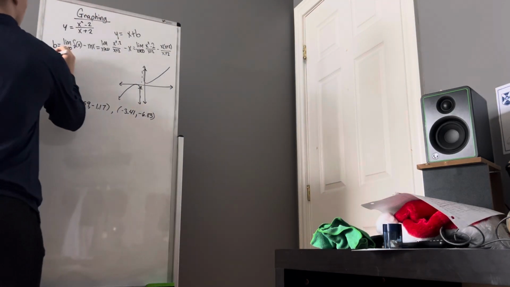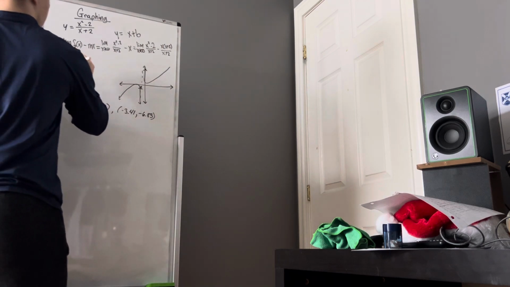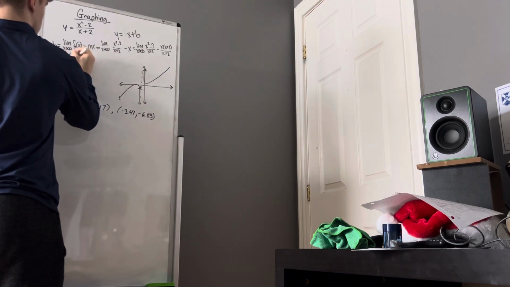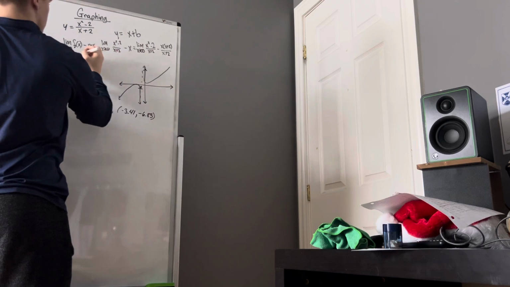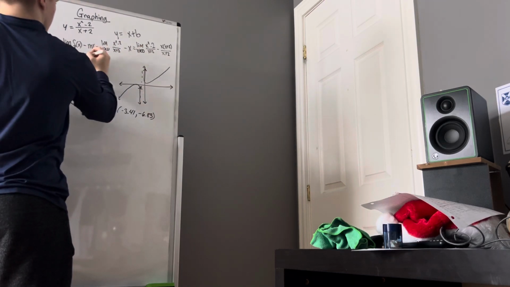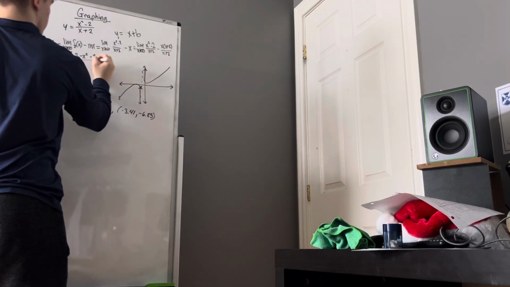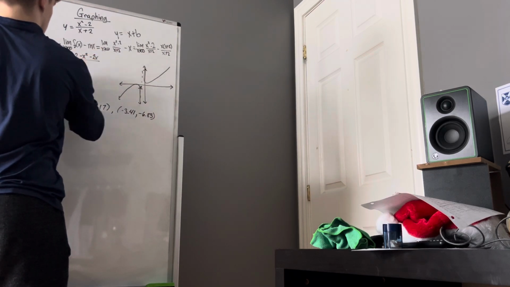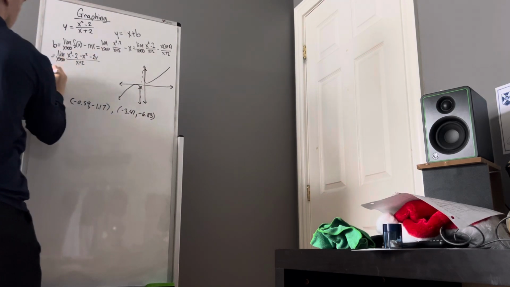What we get is the limit as x approaches infinity for x squared minus 2. Let's distribute this x. We've got minus x squared minus 2x over x plus 2. This equals the limit as x approaches infinity.